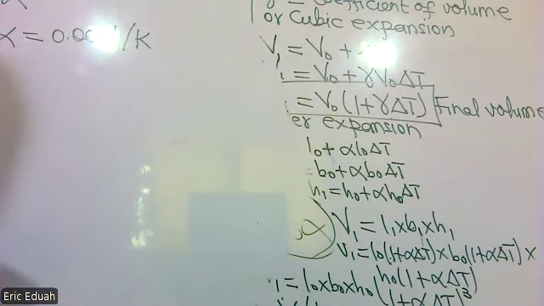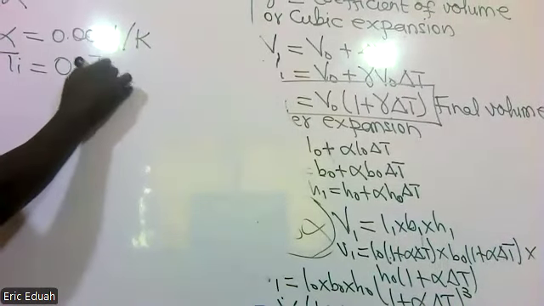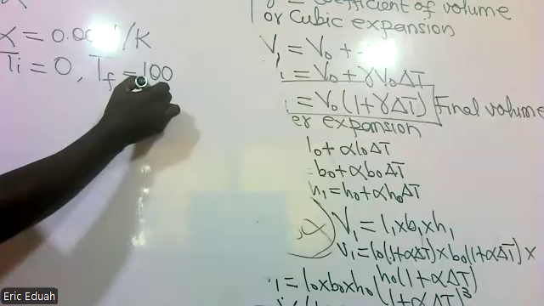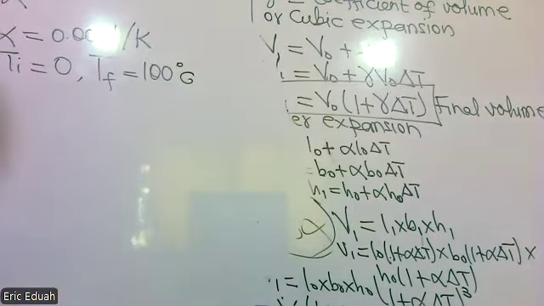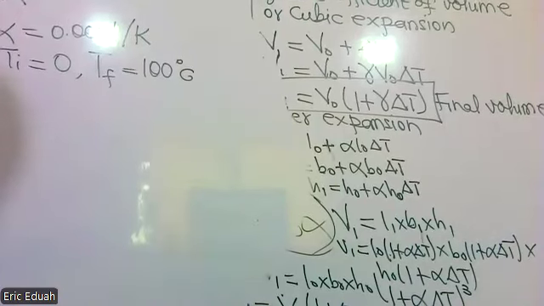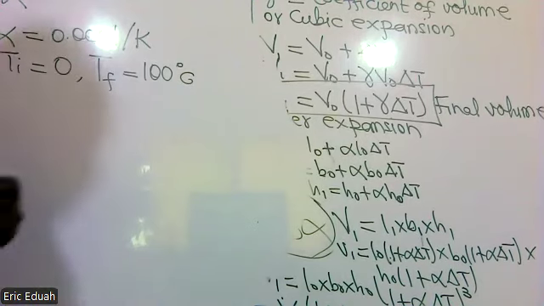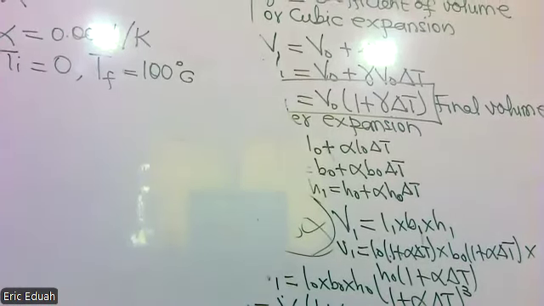It's heated from 0, so T initial is 0 and T final is 100 degrees Celsius. Calculate the percentage increase in length. Percentage is a fraction: change in length per the original length.